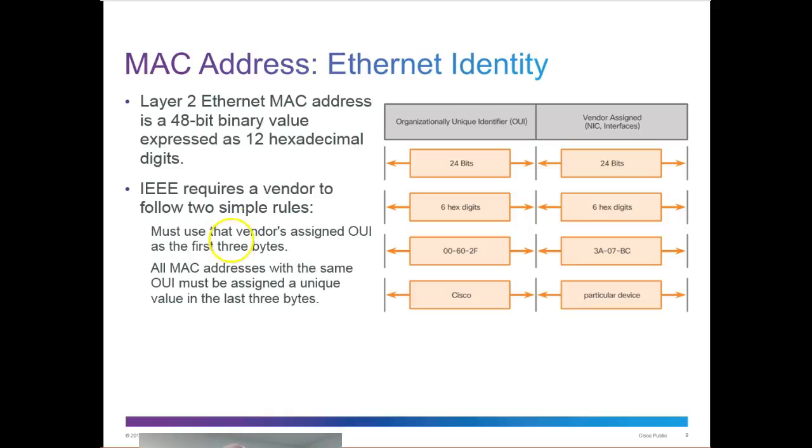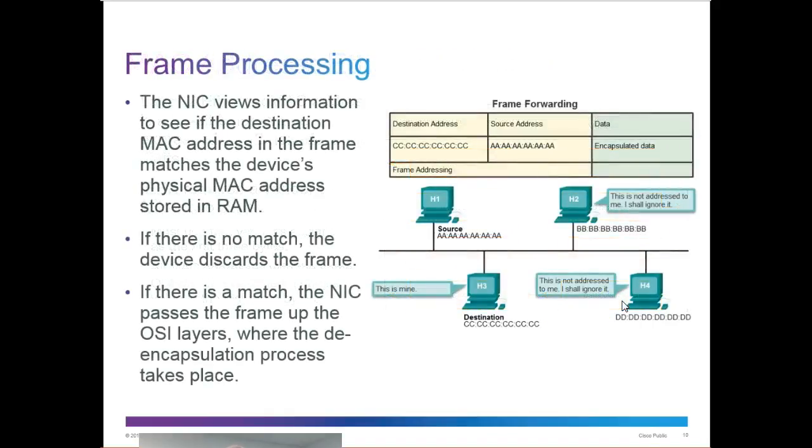So, the first 3 bytes have to be the vendor's OUI, and all MAC addresses with the same OUI have to have a unique value in the last 3 bytes. That's a bit of detail that isn't too common, but you can see the breakdown. If Cisco made it, the first half says Cisco, and then each device has its own number.